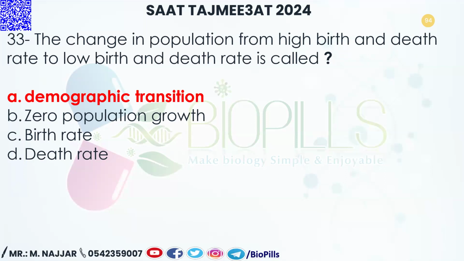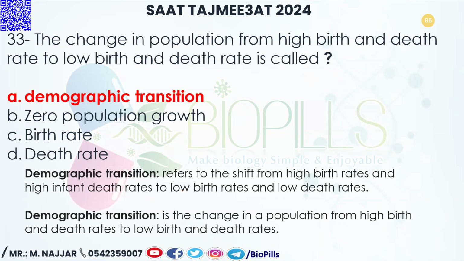They changed from a high birth rate and death rate to a low birth rate and, at the same time, a low death rate, due to the healthcare system and awareness about decreasing the number of births. So they have fewer births, but at the same time a lot of senior citizens, who do not die as quickly as in high birth rate communities. So this is called demographic transition.